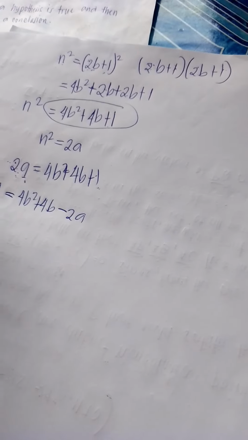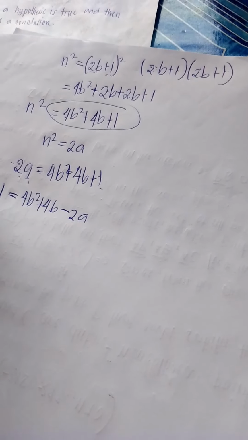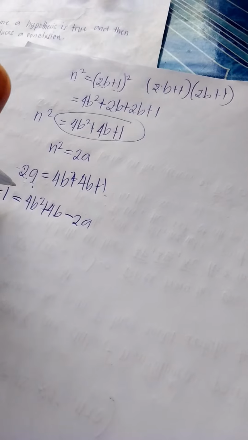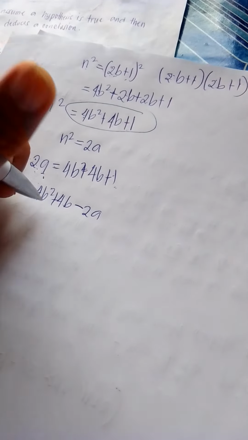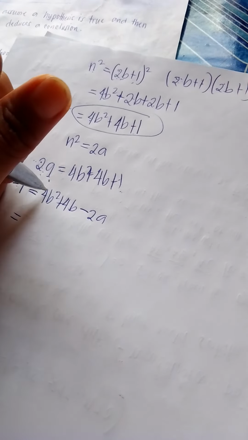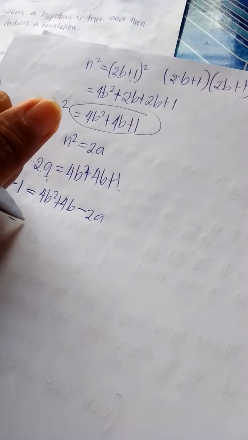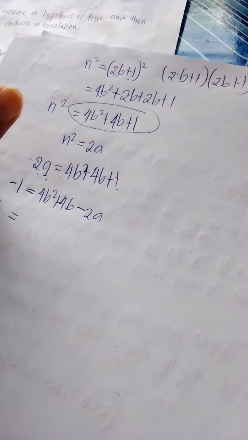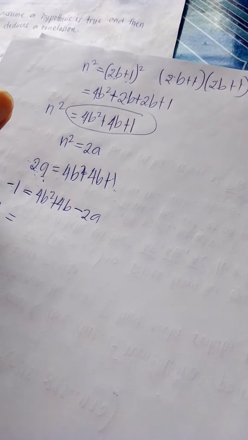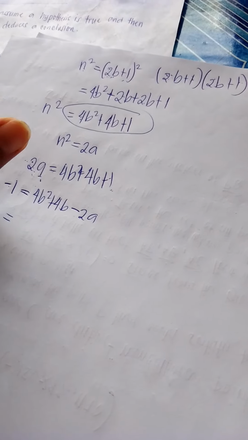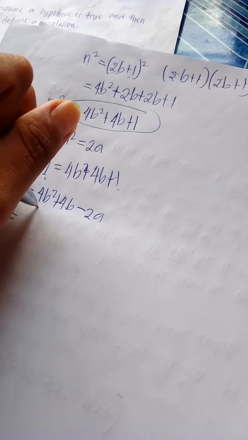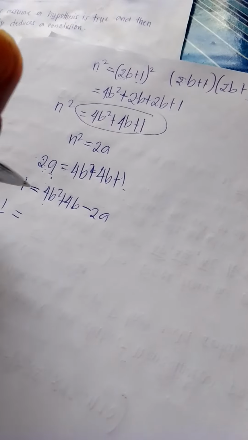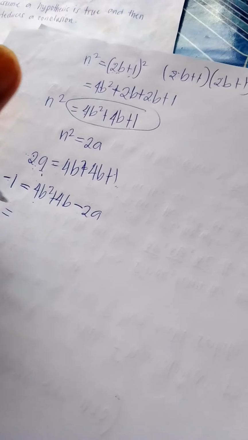Now we're going to get its factor. Let's divide all of the terms by 2. Since we divide the right side, we also divide the left.